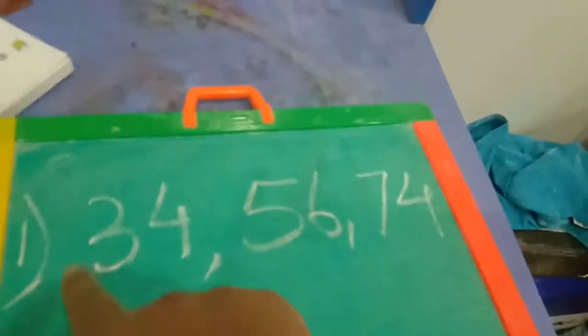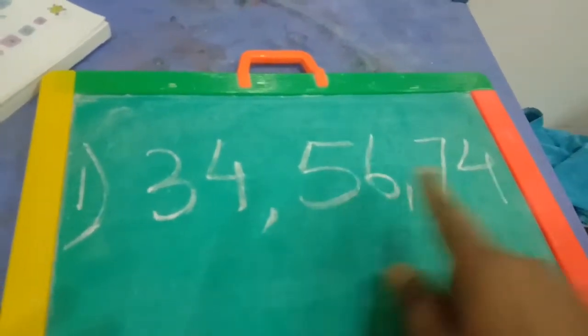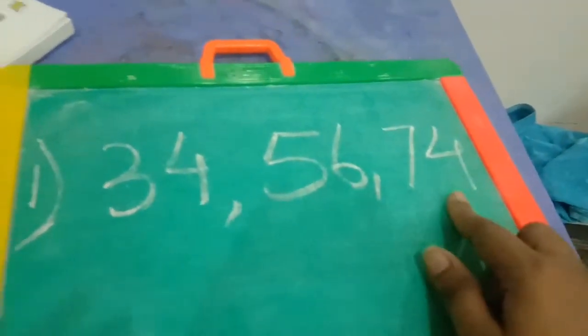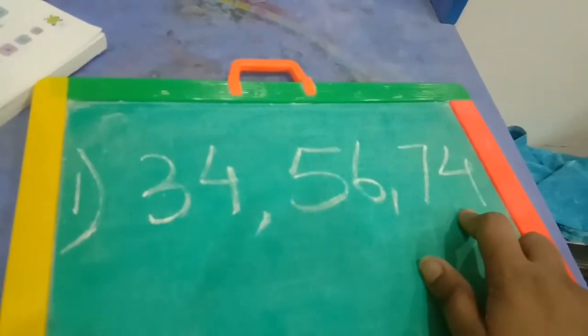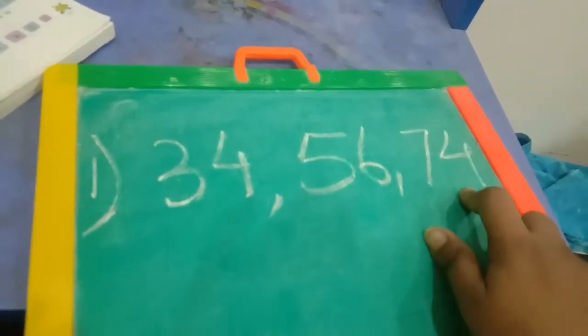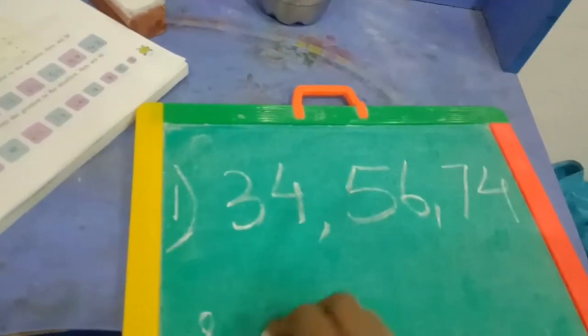Suppose you got a question like this. Three numbers are provided to you, 34, 56 and 74, and you have been told to identify the smallest number.